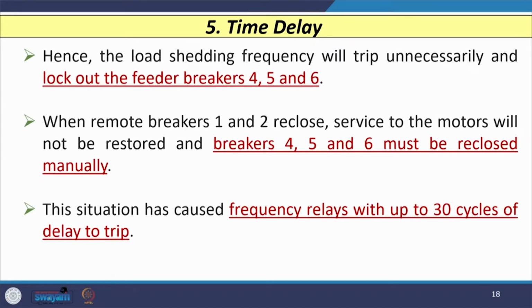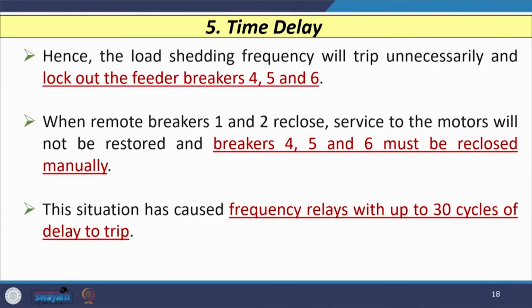Now, let us say circuit breaker 1 and circuit breaker 2 both reclose, as they have a reclosing facility. So, a reclosing attempt will be made and after that, service to the motors will not be restored because breakers 4, 5 and 6 will be in lockout condition.